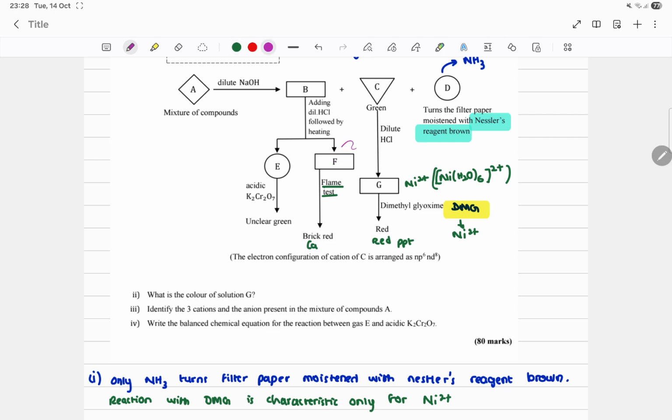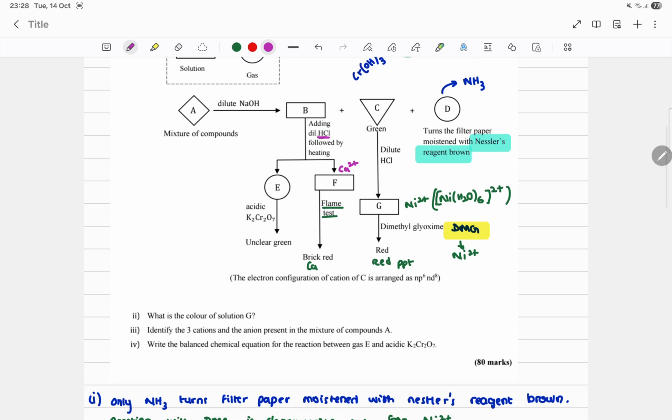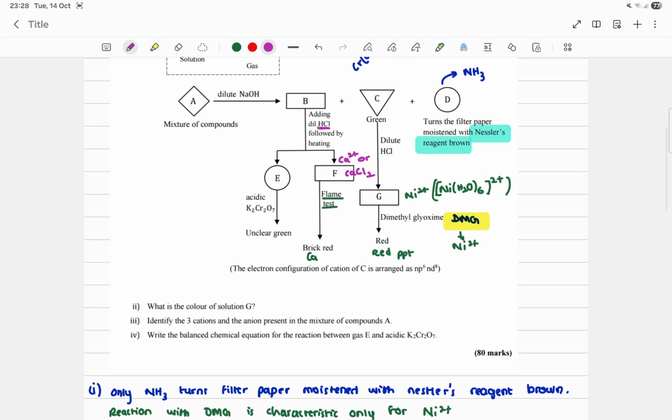Therefore, this has to be Ca2+. But HCl is added, therefore this can be Ca2+, or you can write CaCl2. For both, marks will be given. Don't worry.